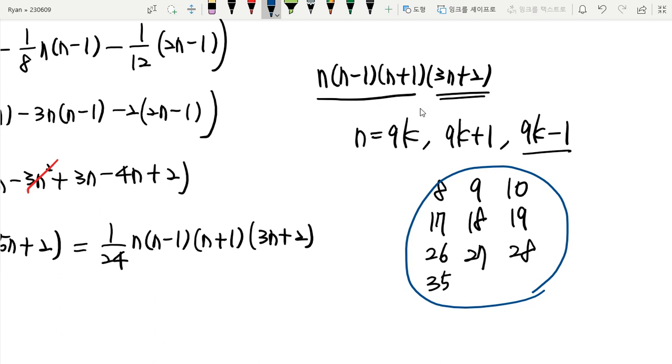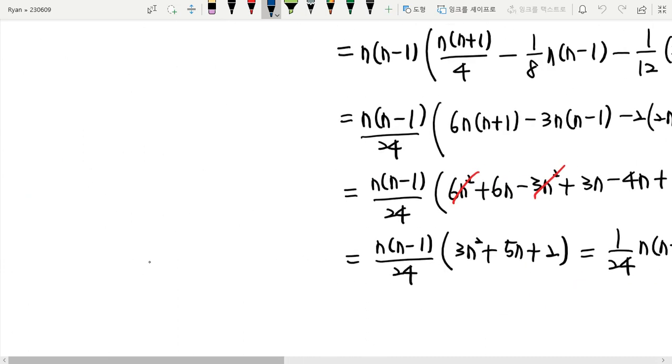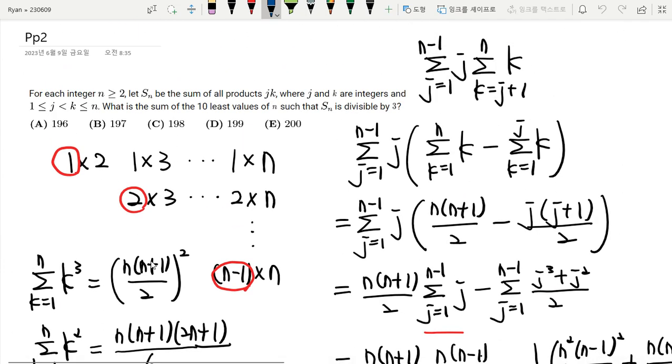Great. So the sum is 197. So the answer is B.